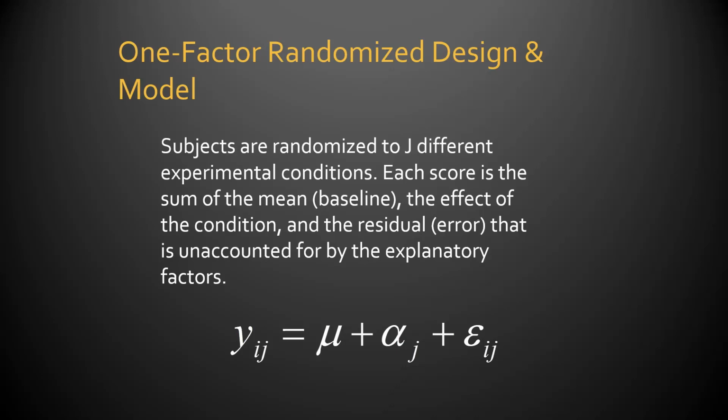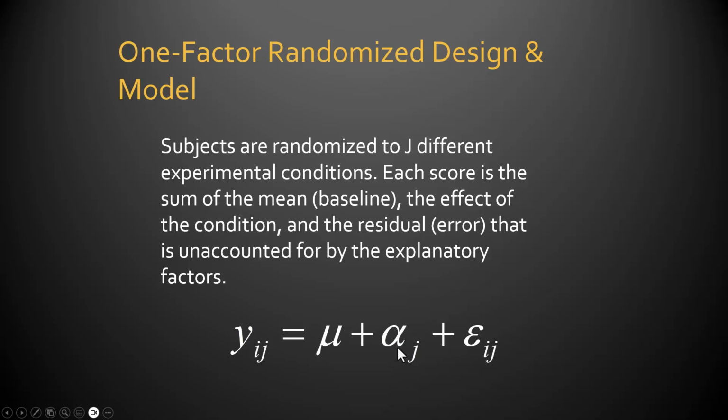Each score is then portrayed down here in this model as the sum of the mean. That is, we use this as the baseline. That's rather arbitrary, but it's become convention to use the mean, not 0, as the baseline in our model. Then there's an effect of the condition.